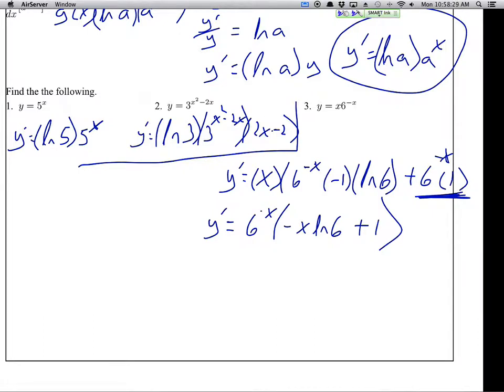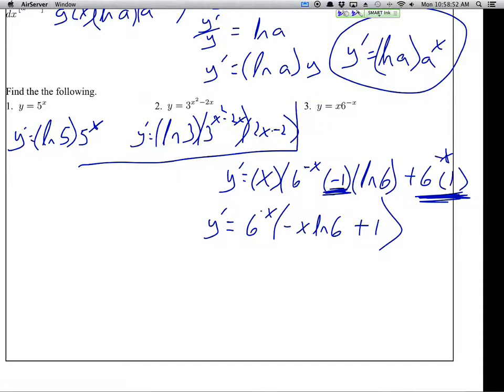But all I took the derivative of over here was the x. The negative you're talking about is right there in the middle. So how'd you get negative 1 from the natural log of the base?